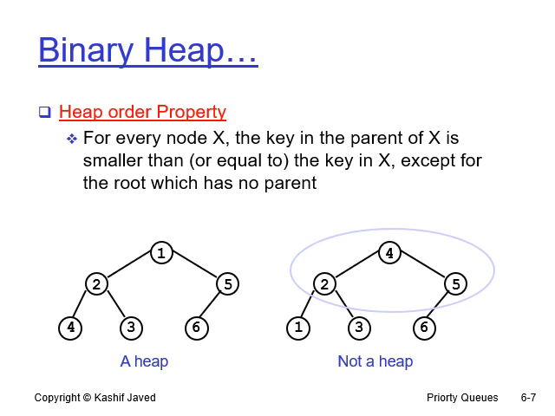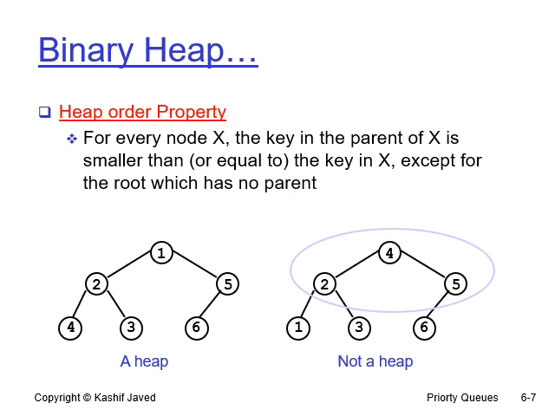I hope all of you are clear about this difference. We can have a complete binary tree which satisfies the structure property, but if it violates the heap order property, it is not a binary heap. A binary heap is that complete binary tree which also satisfies the heap order property. Hopefully the difference is clear to all of you.